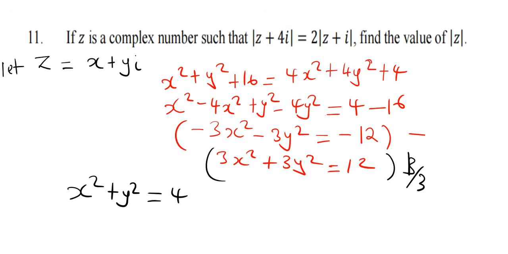Okay, now you're able to see that, what did we say? Okay, now I tried to find the value of the modulus of z. Find the value of the modulus of z.